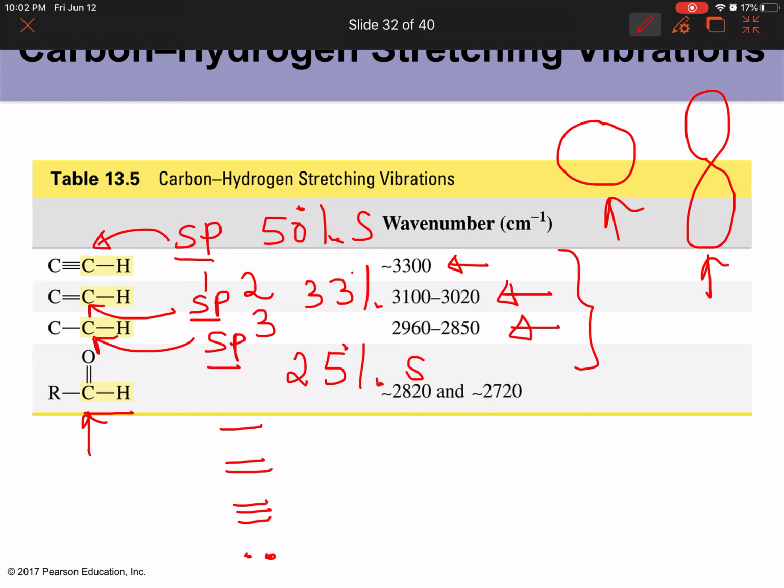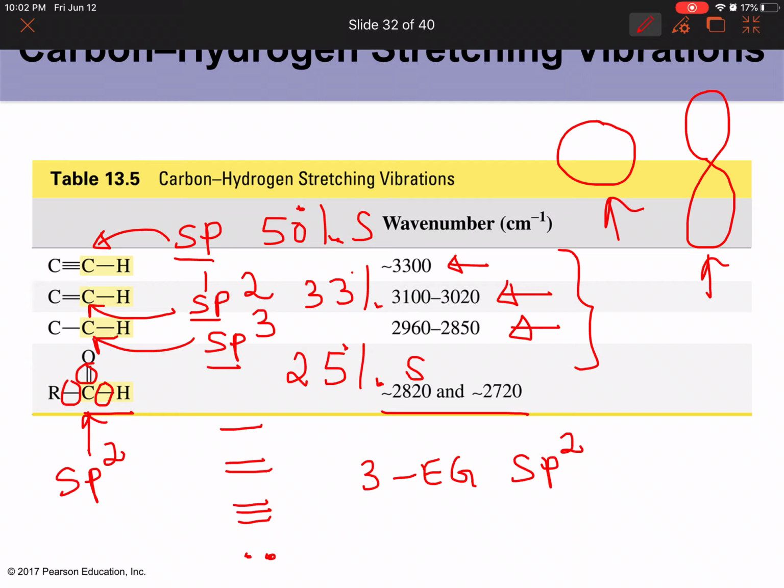So this one has 1, 2, 3 electron groups. When you have 3 electron groups, what is the hybridization? That's going to be sp2. So this carbon right there is also sp2, and the hydrogen connected to it stretches around 2820 to 2720.